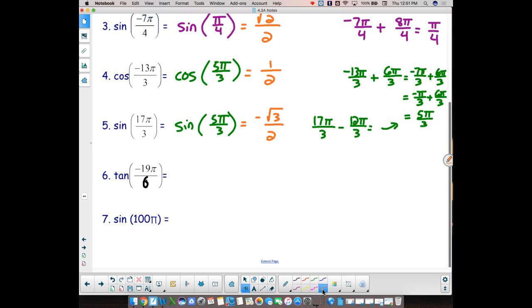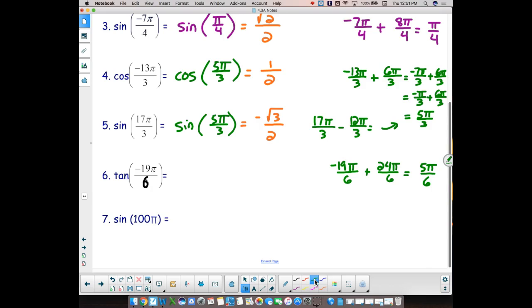-19 pi over 6. If I add 12 pi over 6, that puts me at -7 pi over 6. If I add 24 pi over 6, that puts me at 5 pi over 6.